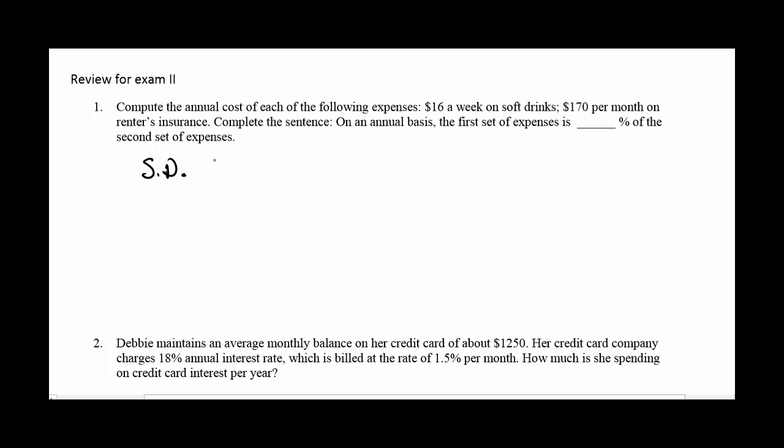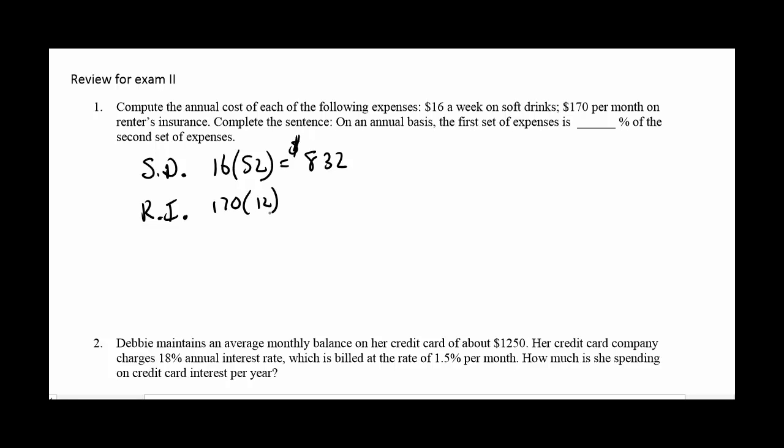Okay, so if we spend $16 a week, there are 52 weeks in a year. And so 16 times 52, we're spending $832 on soft drinks. And then on renter's insurance, we're spending $170 a month.